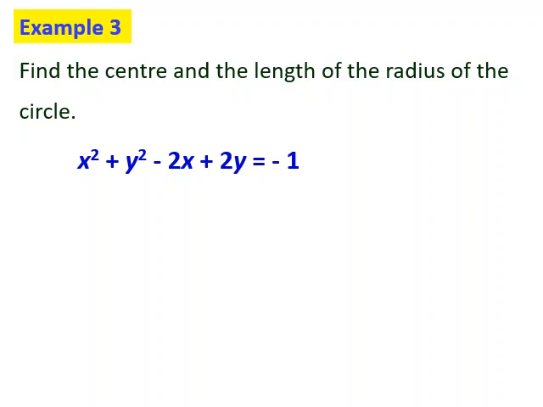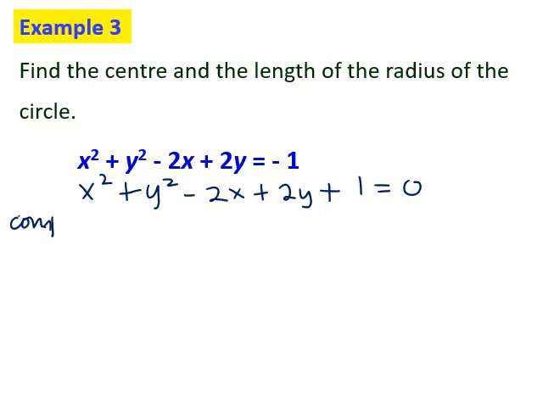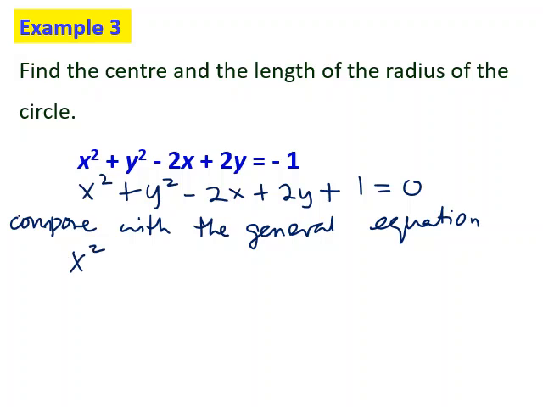Now we are going to rewrite this equation as x^2 + y^2 - 2x + 2y + 1 = 0, and then compare with the general equation x^2 + y^2 + 2gx + 2fy + c = 0.